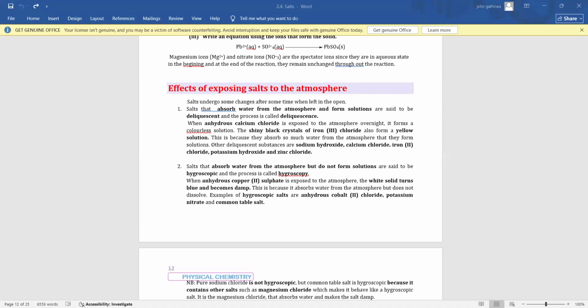The other question is, starting with copper metal, describe how copper 2 sulfate salt can be prepared. You can work on those two questions.